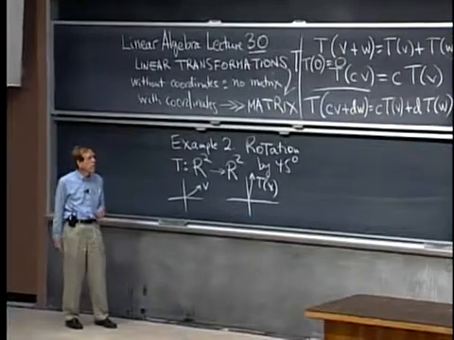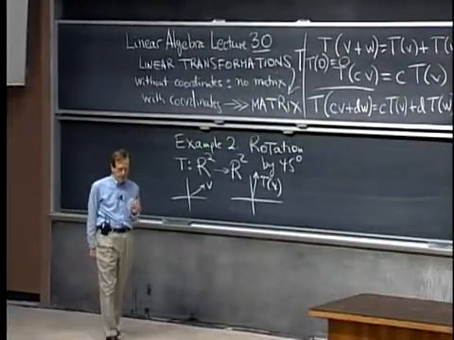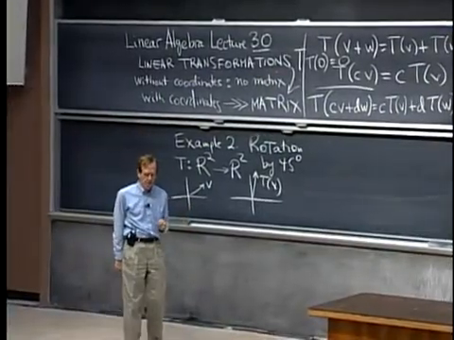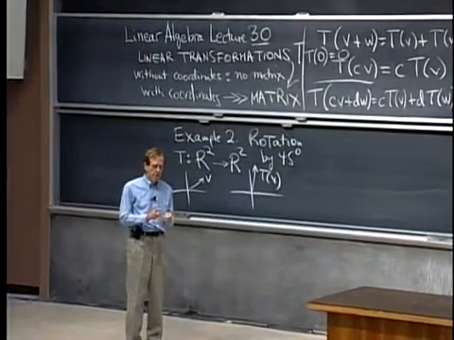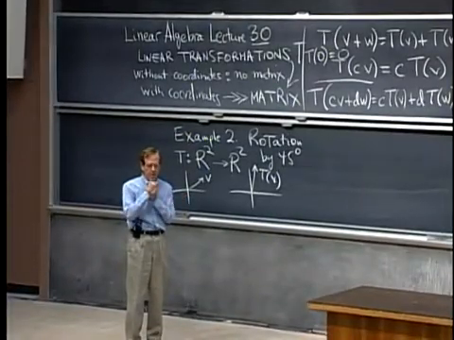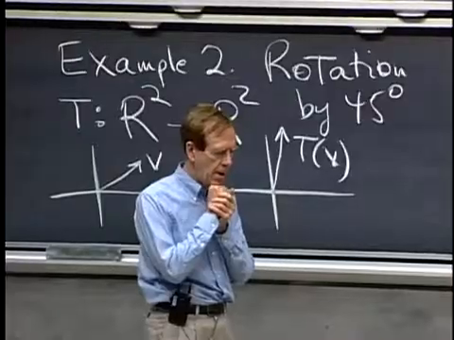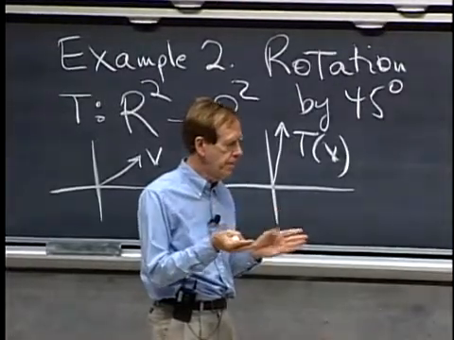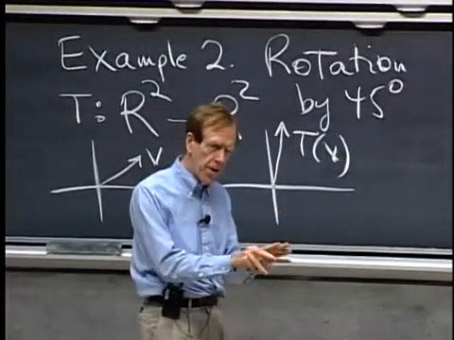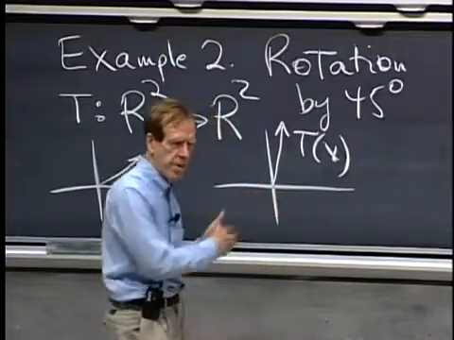That's what the linear transformation is. Okay, so those are two examples. Two examples, projection and rotation, and I could invent more, that are linear transformations where I haven't told you a matrix yet.